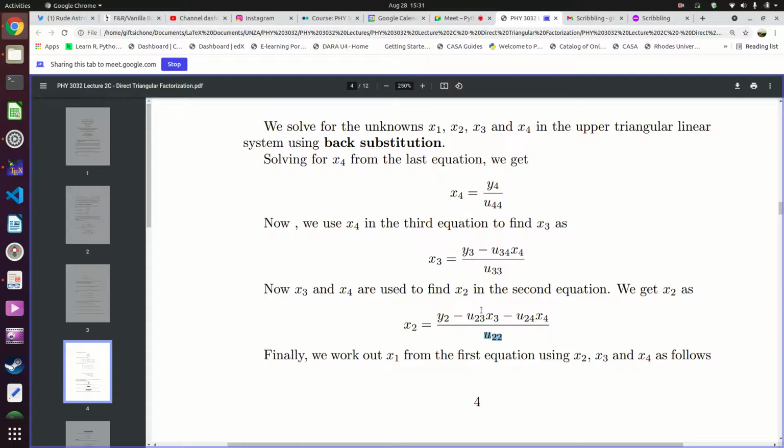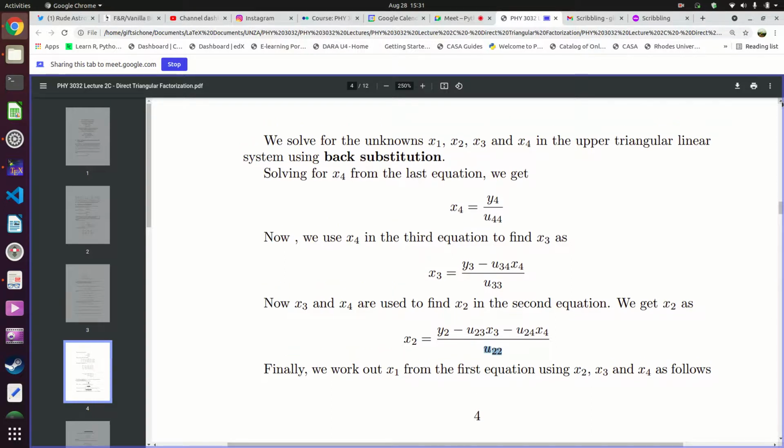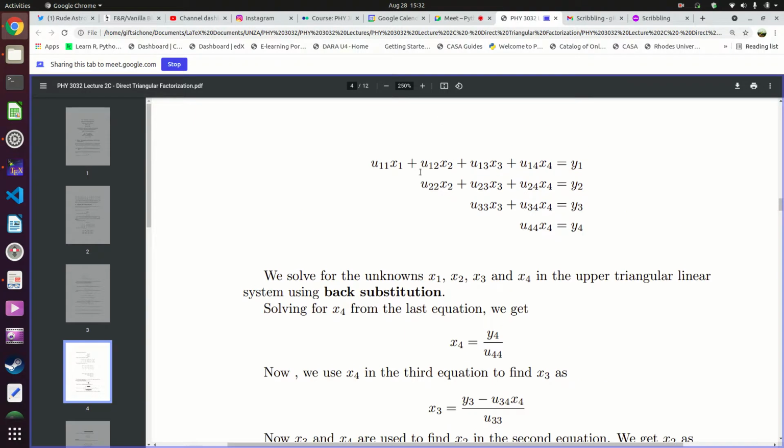Then with your values of x4, x3 and x2, you can now find x1 using the first equation, which is this here. All these guys, you take them to the other side, so you end up with u11 x1 equals y1 minus u12 x2 minus u13 x3 minus u14 x4.